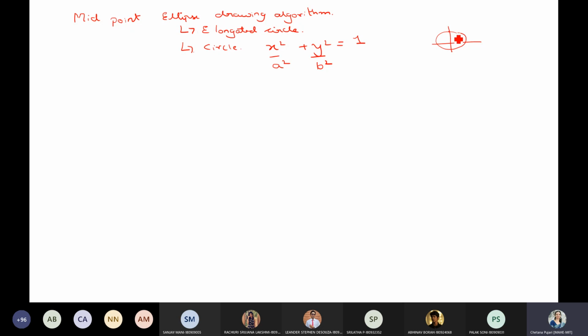While writing the equation of a circle, this term will be a and this term will be b. And we know that a and b are both r. So it will become x square by r square plus y square by r square equal to 1. Hence, you are writing your equation of a circle as x square plus y square is equal to r square. I hope you know this, right? So we are using the same equation of a circle for your ellipse.